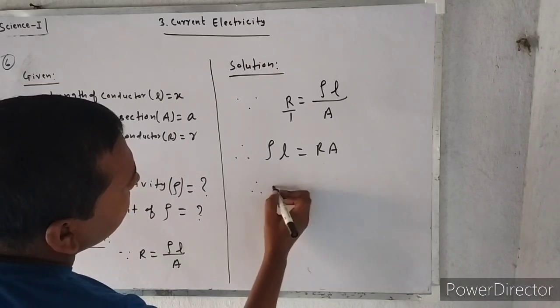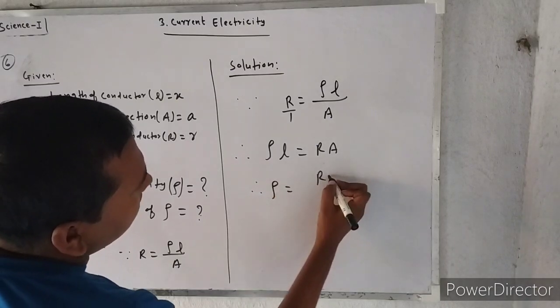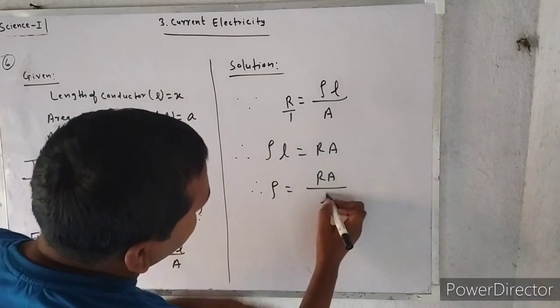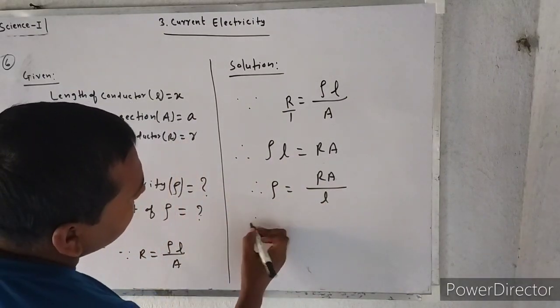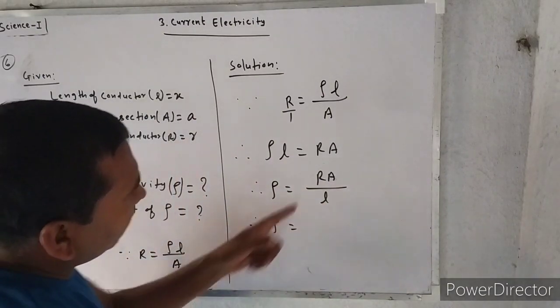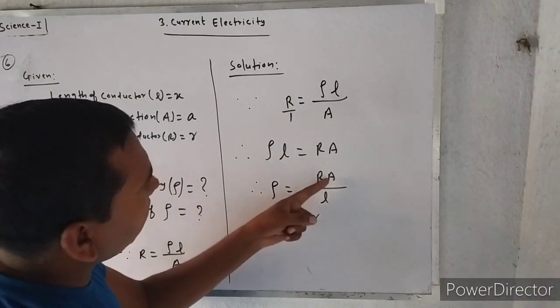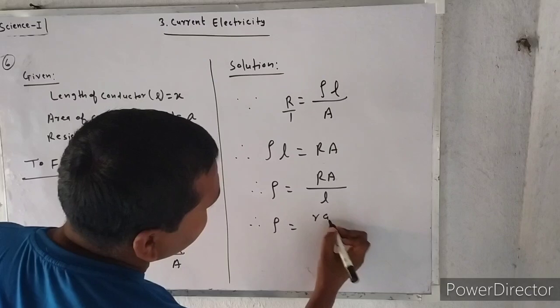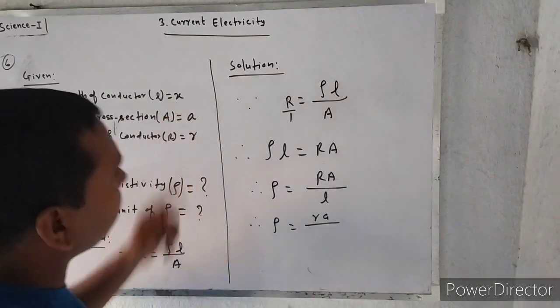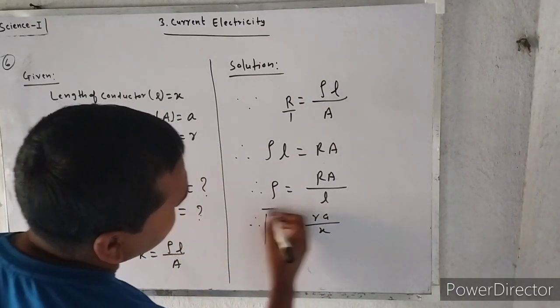So therefore rho is equal to RA upon L. Therefore rho is equal to, R is small r, A is small a, L is equal to x. This is the answer.